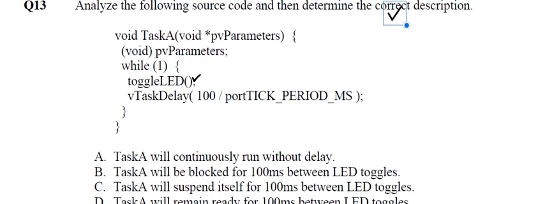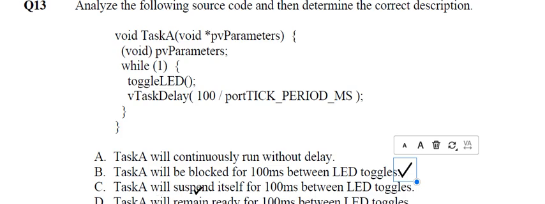Apparently it's wrong, because we have this delay. Or the preemption. Task A will be blocked for 100 milliseconds between LED toggles. Correct or not? It sounds promising.